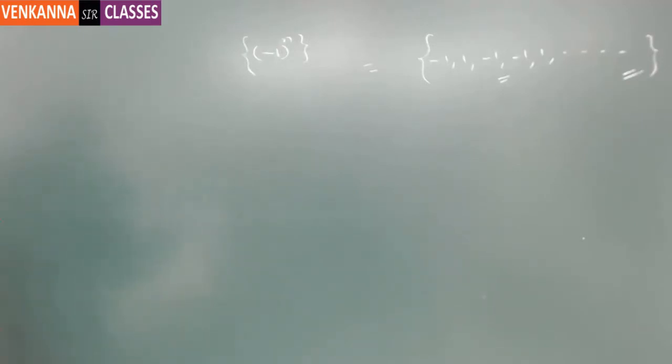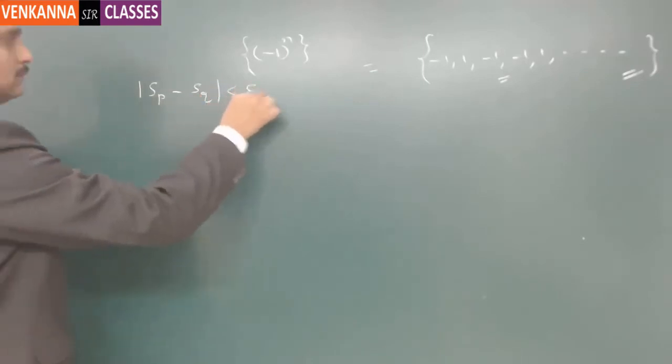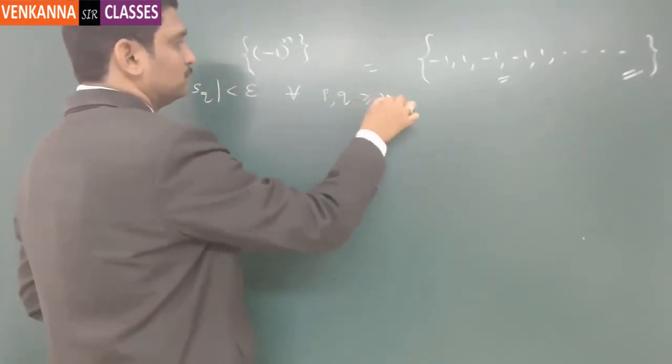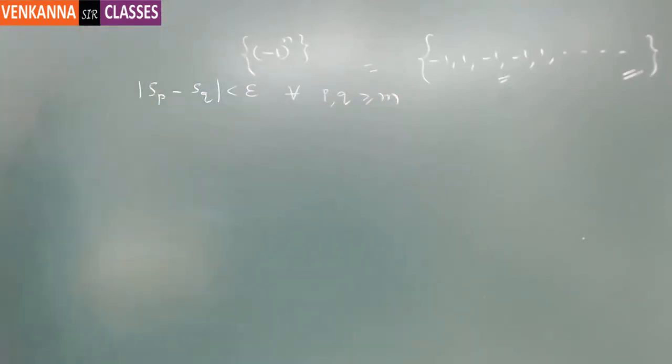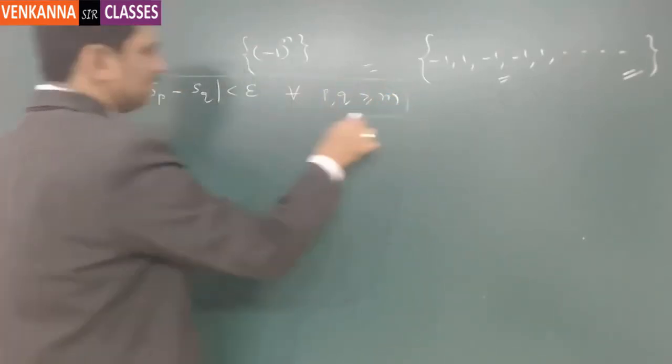So how am I proving that it is not a Cauchy sequence? We have so many definitions. Generally, for proving that it is not a Cauchy sequence, we use this technique. So for proving that the given sequence is not a Cauchy sequence, we always use this definition.